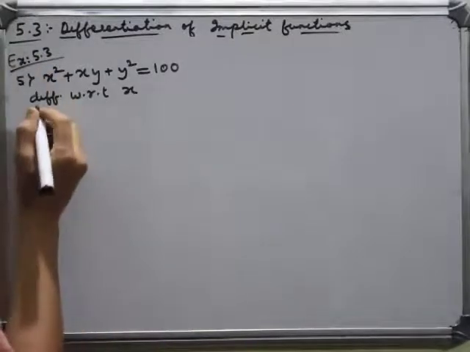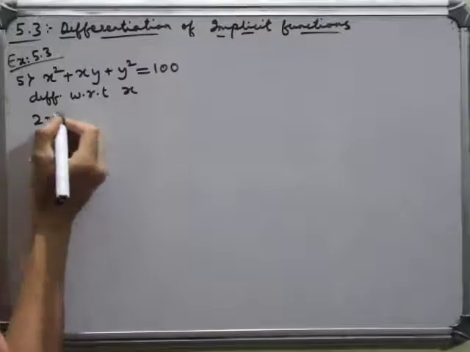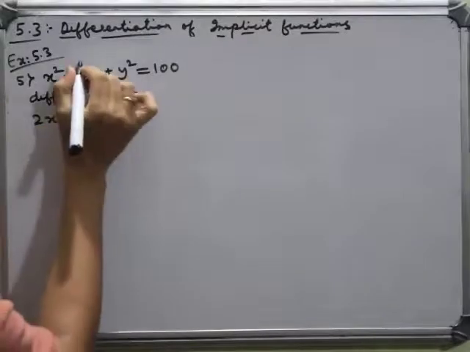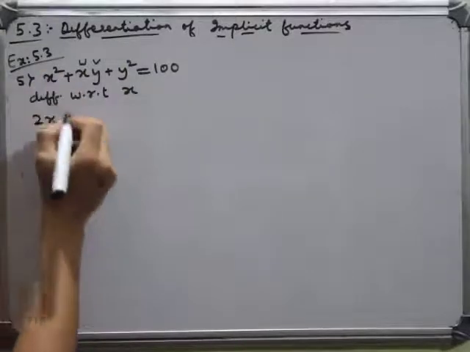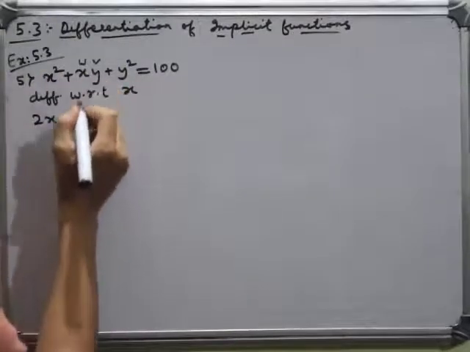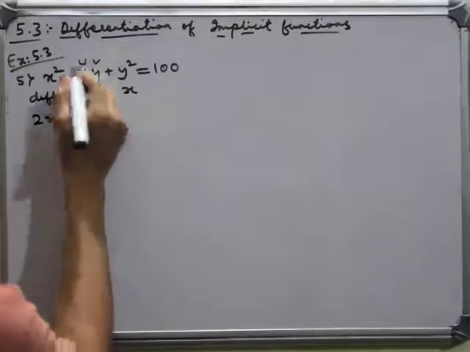So differentiation of x square is 2x plus, and this is in the form of a product. So use product rule, that is u into dv by dx plus v into du by dx.